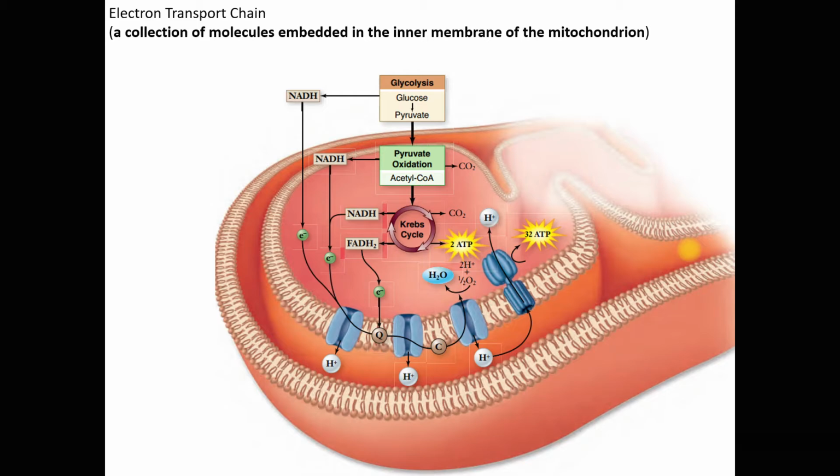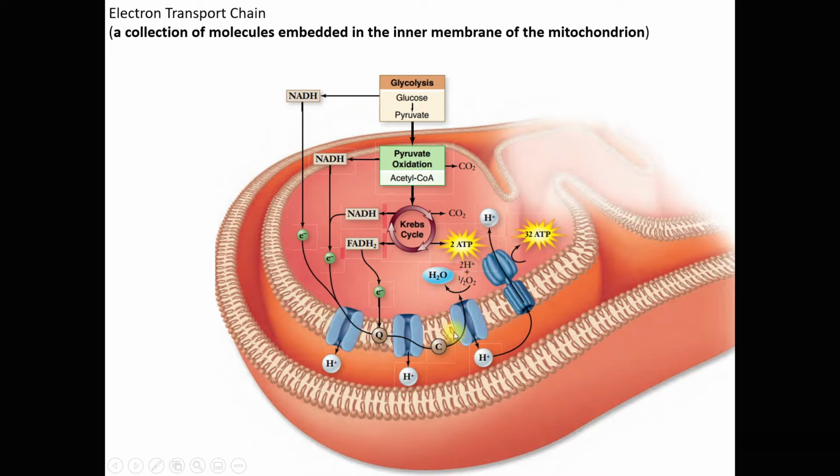Now, the electron transport chain is a collection of molecules embedded in the inner membrane of the mitochondrion. So simply put, this is one set of an electron transport chain.